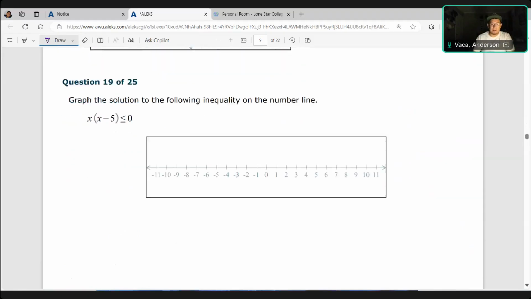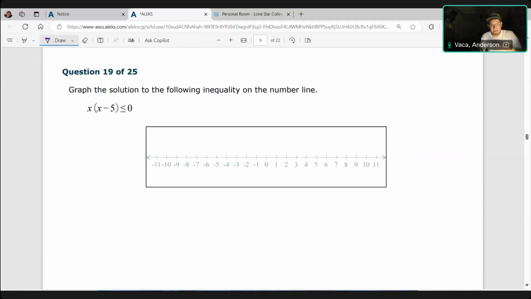Ooh, some inequalities. All right, let's get down to some inequalities. Okay, so this would have looked like so from the beginning. What we do is that we tend to factor this quadratic expression here.